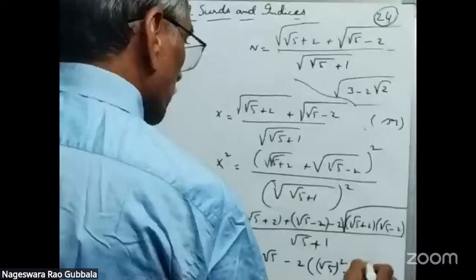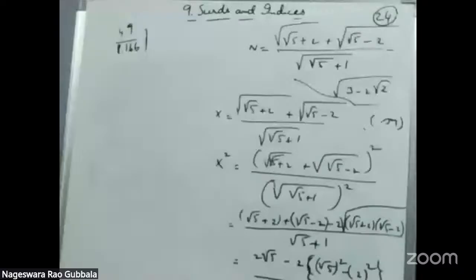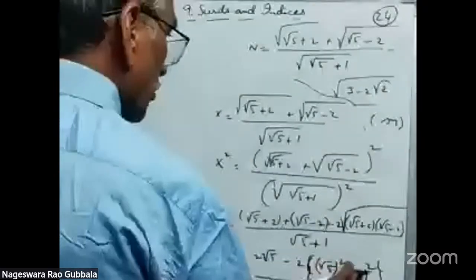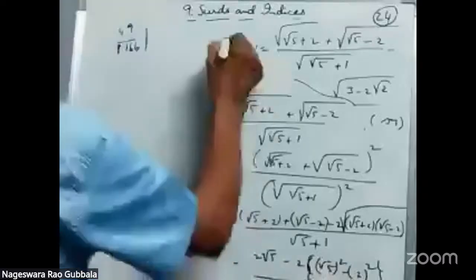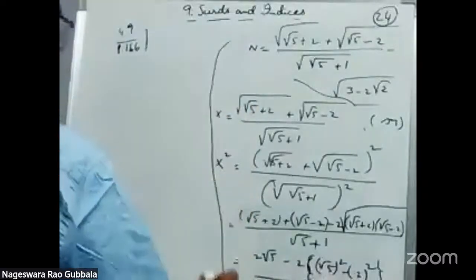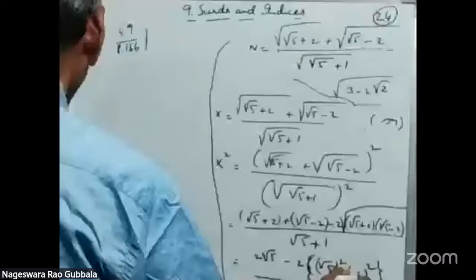Of course, 5 minus 4, anyhow it will become 5 minus 4. 5 minus 4 is 1.